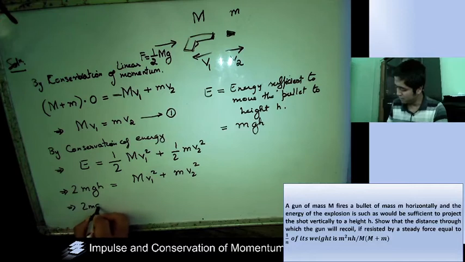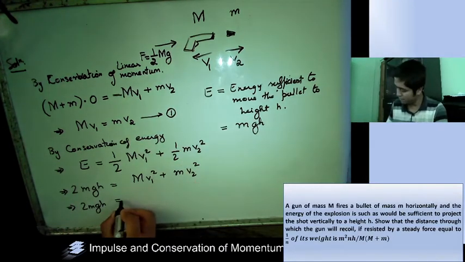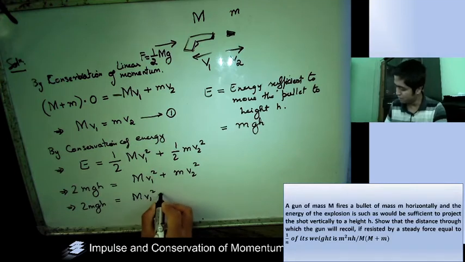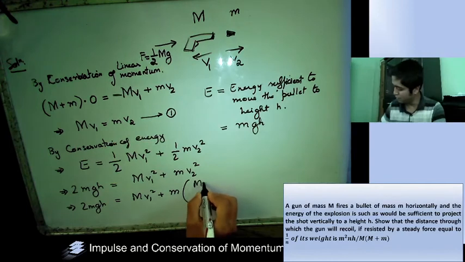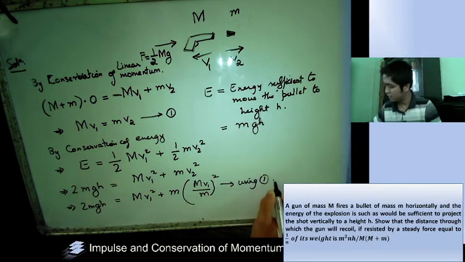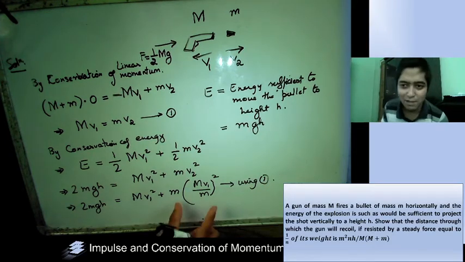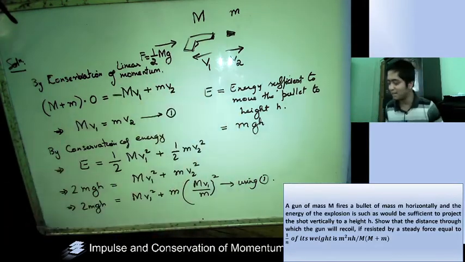So over here, I can substitute v2 in terms of v1. So m v1 square plus m v2 square will be m v1 square plus m times (m v1 upon M) whole square, using 1. Again, I am expressing it in terms of v1 because maybe I will need this velocity again.